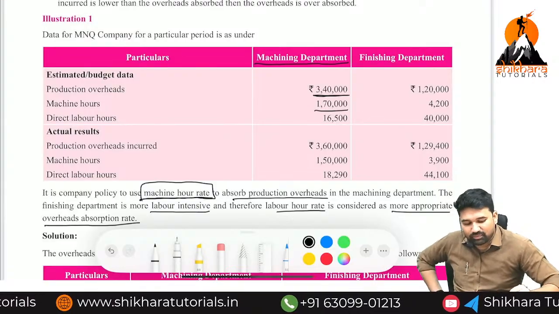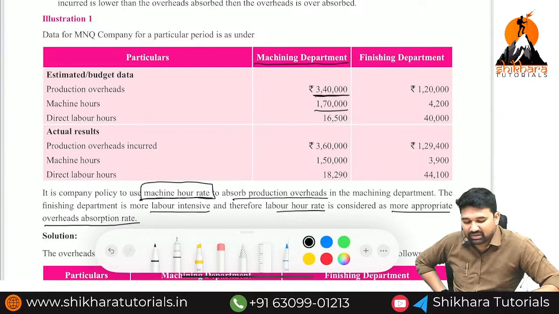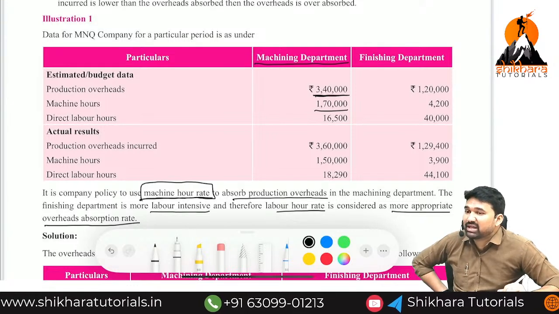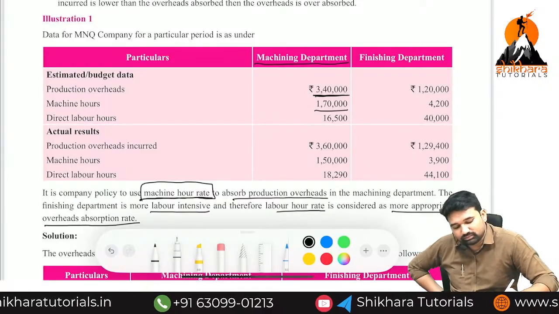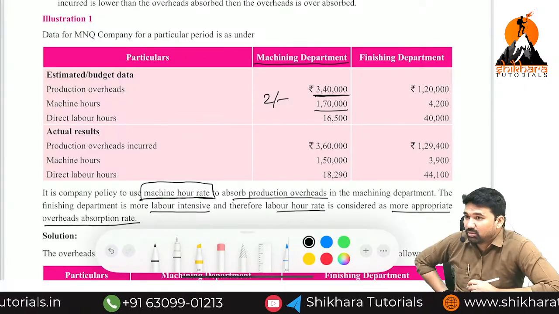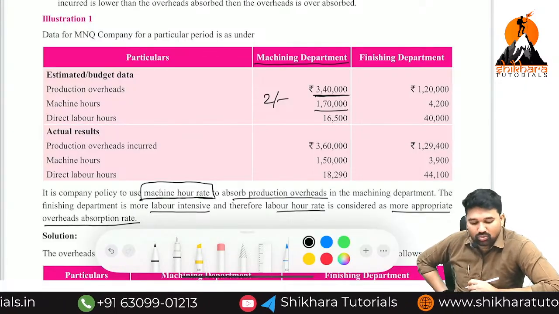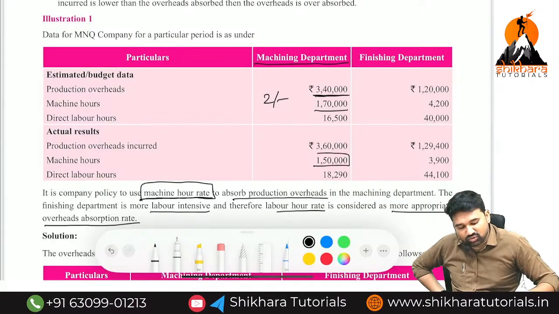Okay, so 3,40,000 for 1,70,000 hours, per hour how much rate came? 3,40,000 divided by 1,70,000, 2 rupees. So now we have to charge 2 rupees for actual machine hour.